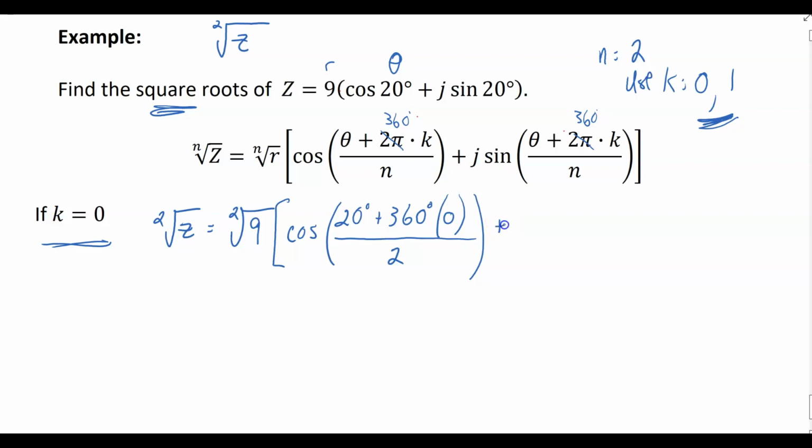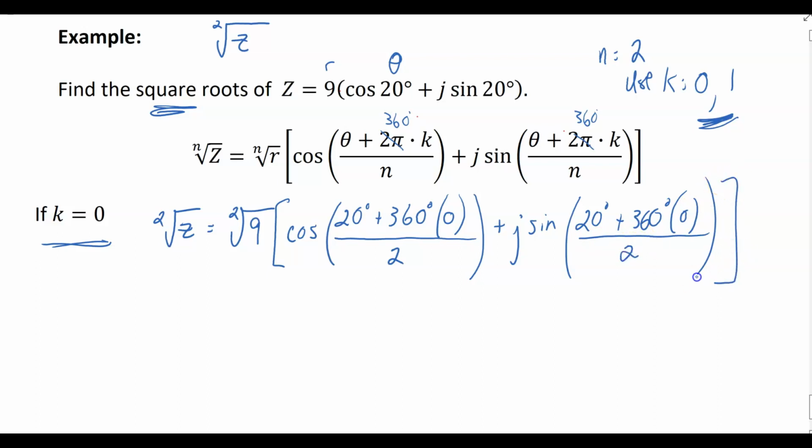We'll write the same thing for the j sine: 20 degrees plus 360 degrees times 0, all over 2].